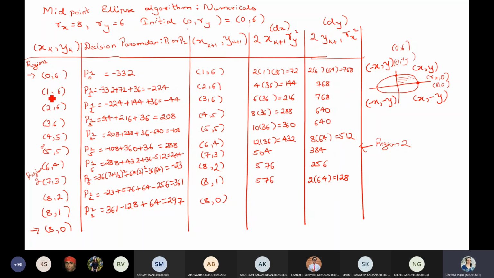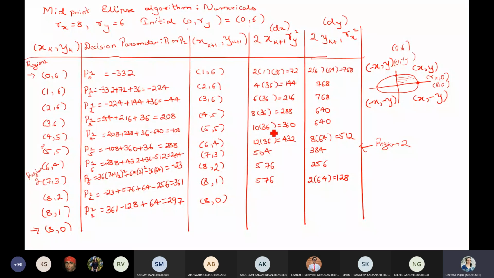So 0, 6, then minus 1, minus 6; minus 2, minus 6; minus 3, minus 6, and so on. And in the fourth quadrant, your x value is negative and y is positive. So 0, 6 is there. All x values will be negative and y values positive. So it will be minus 1, 6; minus 2, 6; minus 3, 6, and so on.